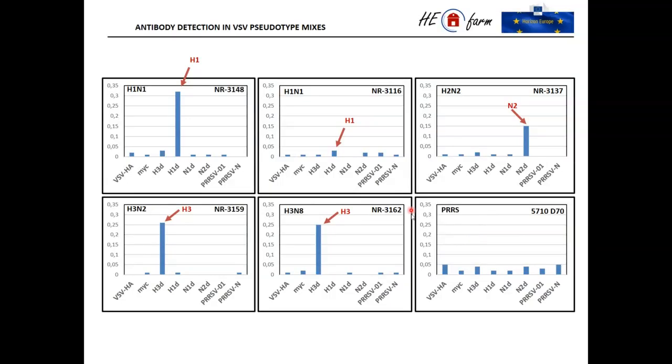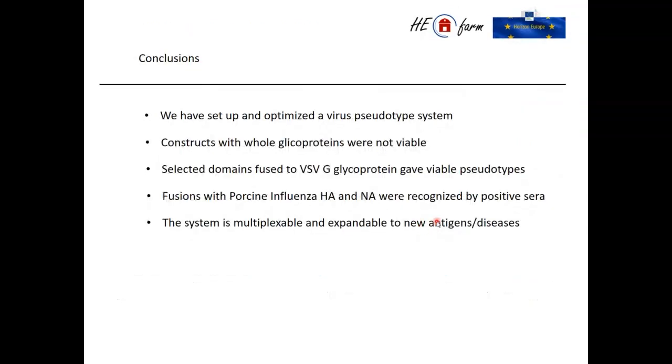So this was unexpected. To conclude, we have set up and optimized this virus pseudotype system with the VSV, which took us a long time. And we tried constructs with many glycoproteins. As I showed you, some of them were viable and some others not.